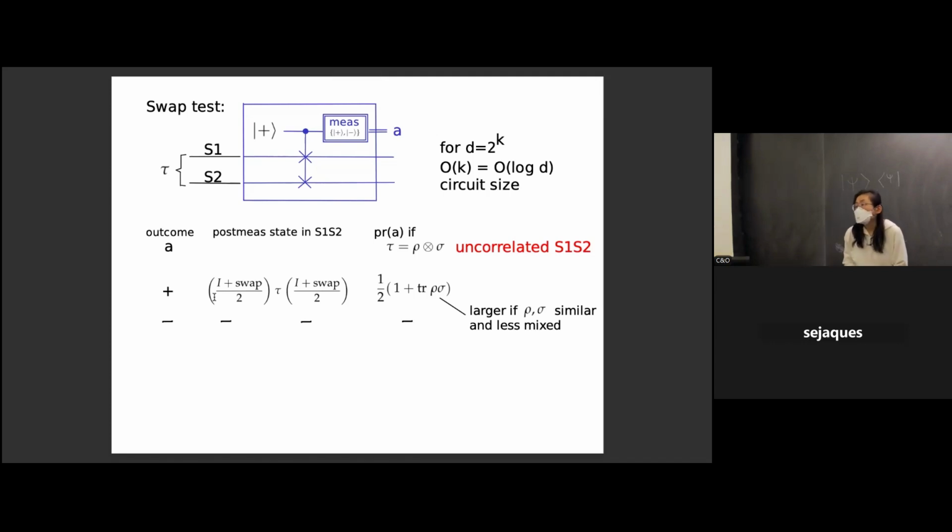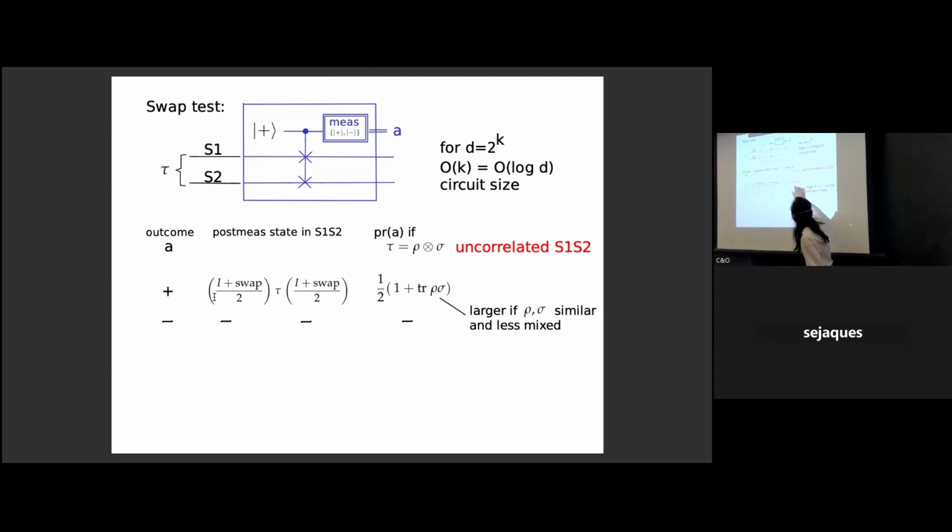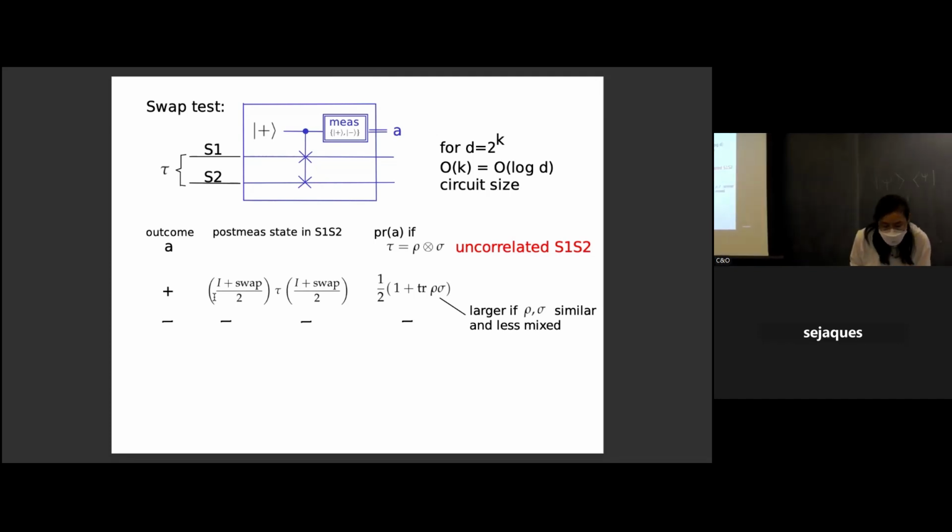If the input is uncorrelated, which means that we have a state rho on S1 and a state sigma on S2, then the probability to get a plus outcome is one half of one plus the trace of rho times sigma. Now this is only close to 1 if both rho and sigma are close to being pure. It should be close to being 1, and they should be very similar to one another for that to happen.